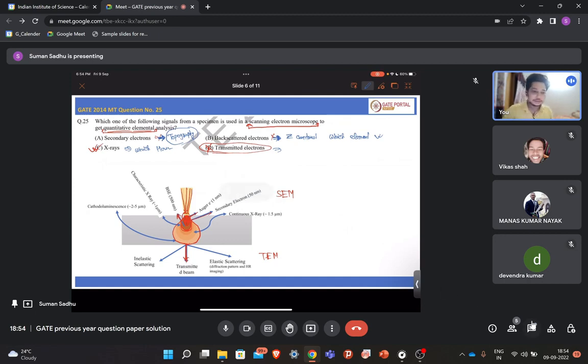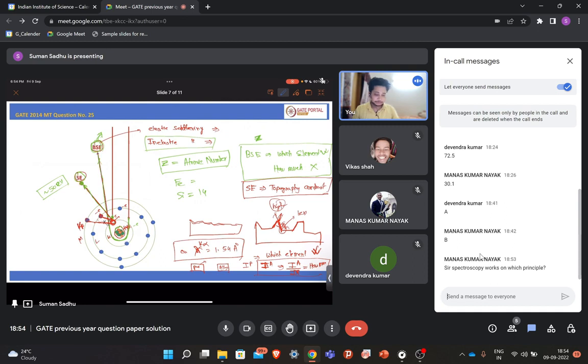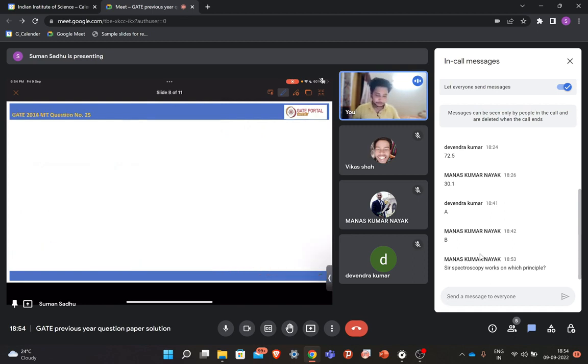So now let's come to your question. Spectroscopy works on which principle? Spectroscopy means you have to identify which element is present and how much quantity.